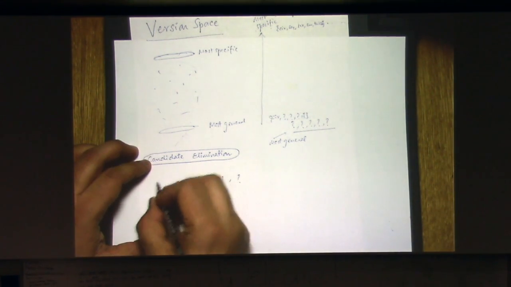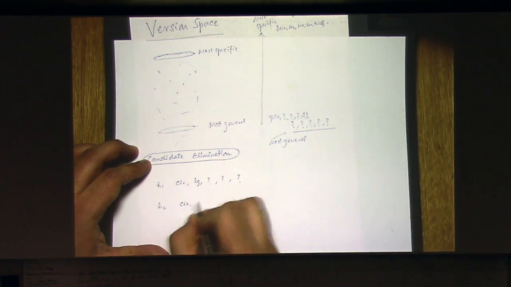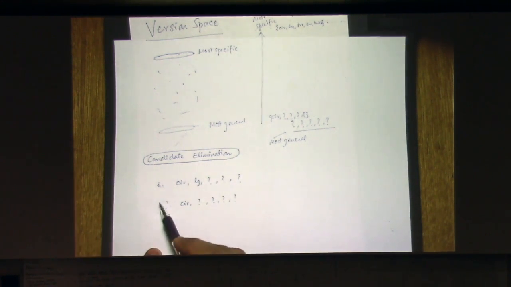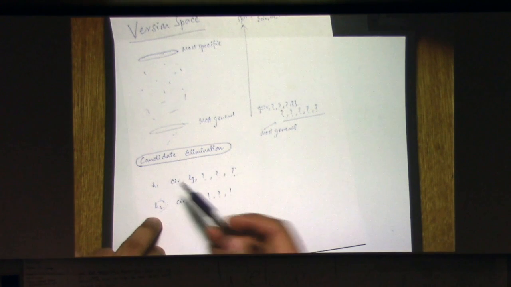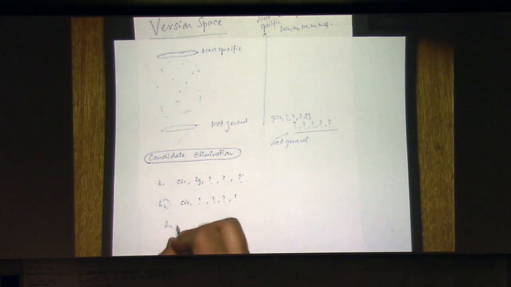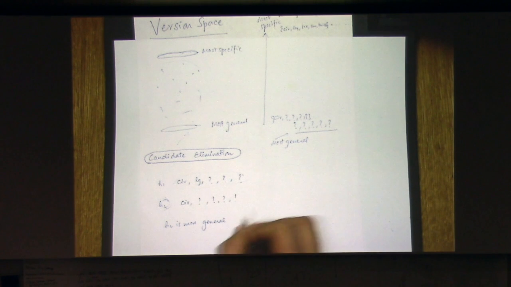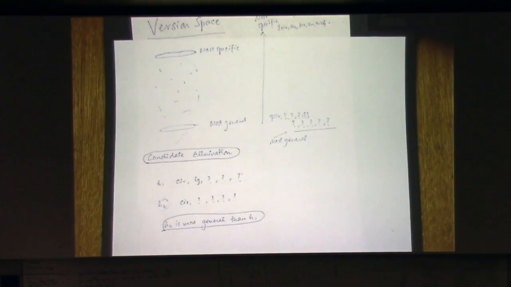Let's call this H1, and then H2, let's say, is circular, question mark, question mark, question mark, question mark. This hypothesis is also going to call the same objects that this one called as part of the concept, but a few more as well, right? So that means that H2 is more general than H1, right? This is fairly easy to understand.